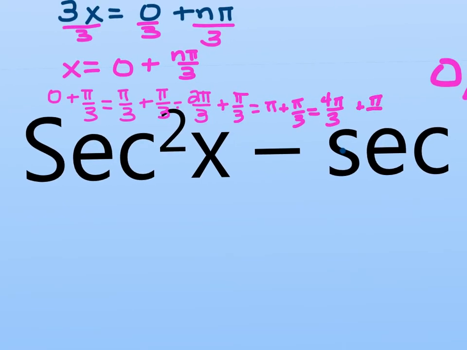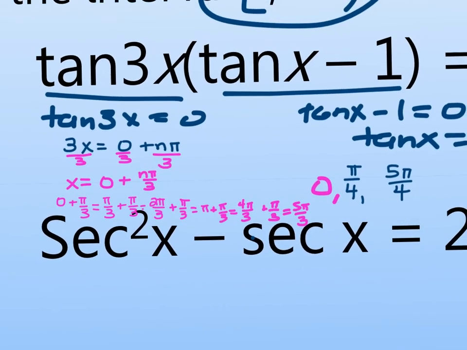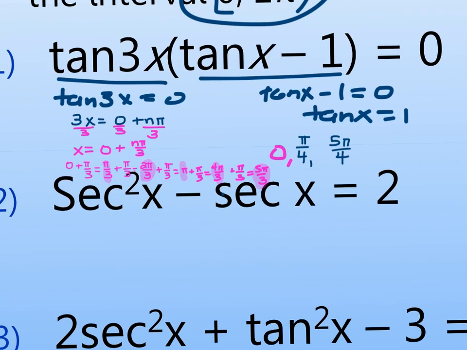Plus pi over 3, 5 pi over 3, that's an answer. You're adding by pi over 3 because n is 1 first, and then you keep adding until it gets to 2 pi or bigger. If I add pi over 3 again, I get 6 pi over 3, which is 2 pi, and that's too big because my parentheses is on the 2 pi. So all of these answers, pi over 3, 2 pi over 3, pi, 4 pi over 3, and 5 pi over 3, would have to get added on to my list.